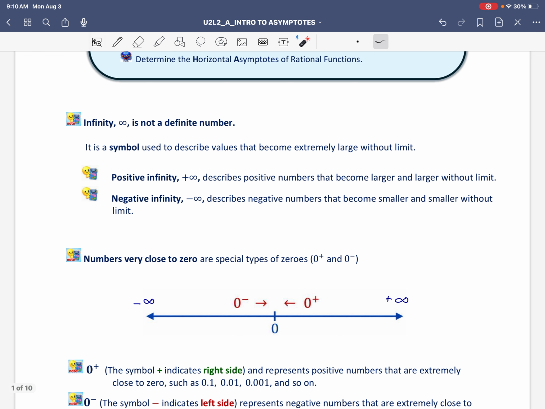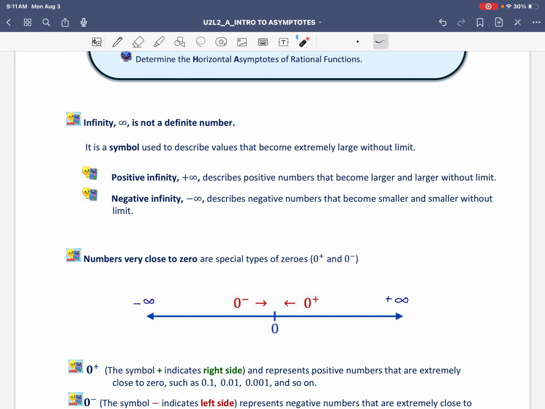We can visualize this by using the horizontal number line. So 0 is at the center of the number line, and we're going to say that positive infinity is represented by numbers on the far right side of the number line, and negative infinity is represented by numbers on the far left side of the number line.